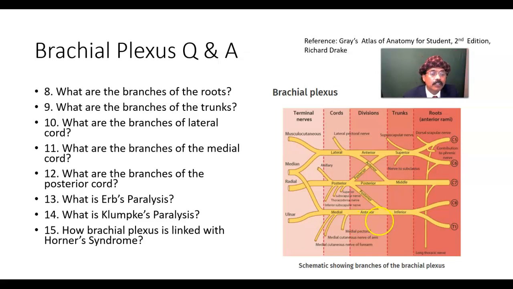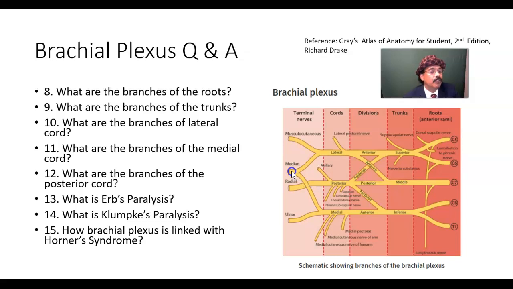We got the medial pectoral nerve, medial cutaneous nerve of the arm, medial cutaneous nerve of the forearm. This is the ulnar nerve. It will innervate the flexor carpi ulnaris and a lot of intrinsic muscles of the hand. And the medial root of the median nerve is the medial cord component going to the median nerve.